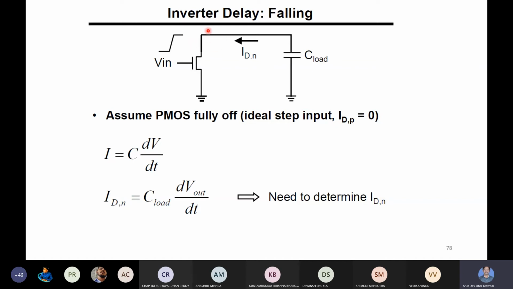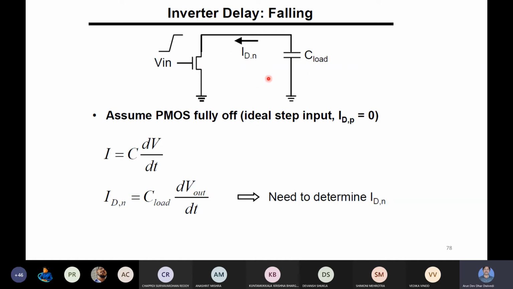If this PMOS is open, its role is not coming, only NMOS is there, and this load is there. We are considering only the load and this NMOS, and this current is shown. The load current is here: C load is directly connected to this NMOS, between ground and C load.